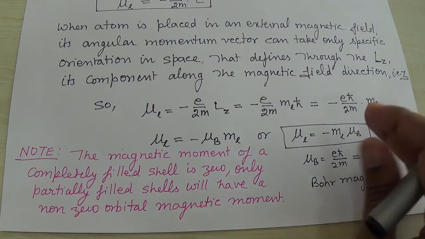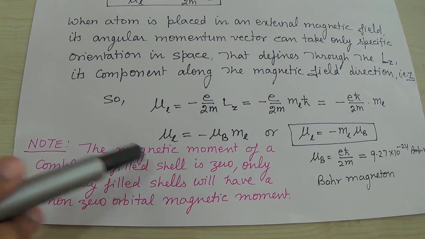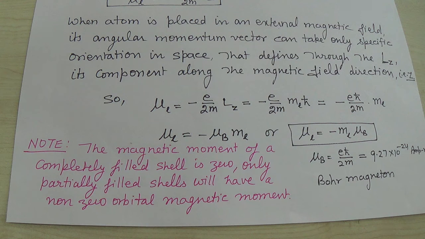So what is the important point here? I have mentioned that the magnetic moment of a completely filled shell is 0. If the capacity of the orbital is 2 electrons and it is filled, the magnetic moment will be equal to 0.